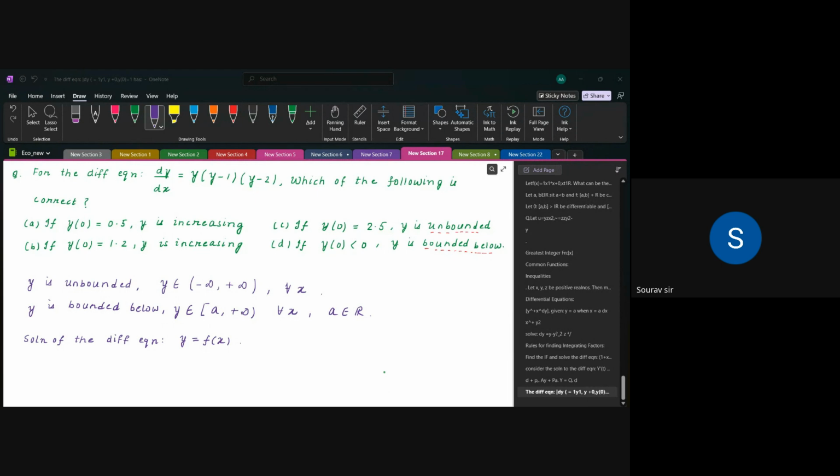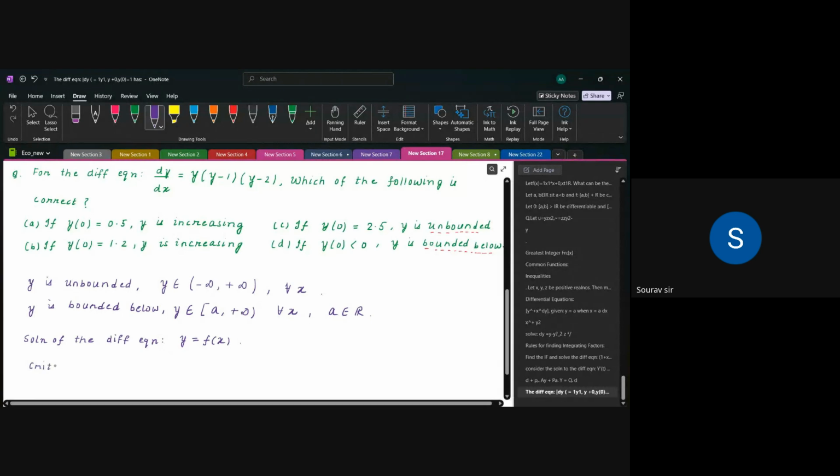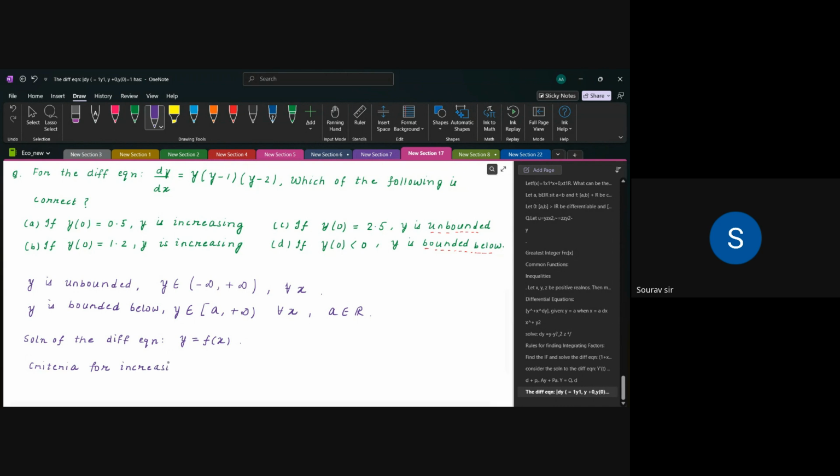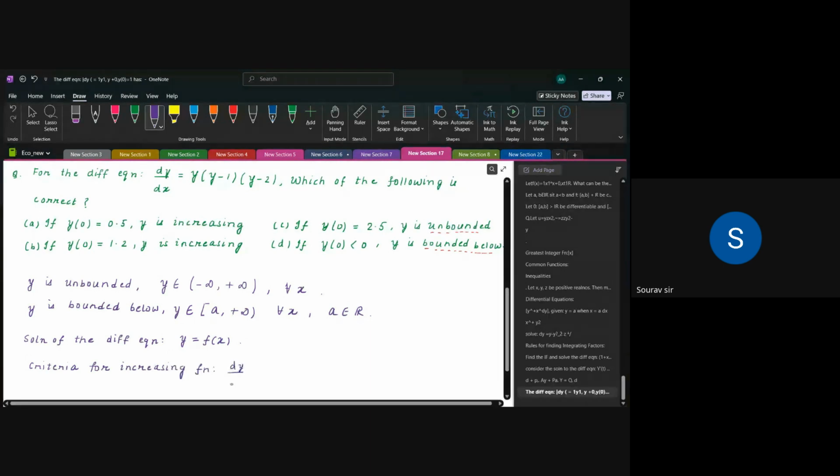Agreed? So that means if you remember, what is the criteria for increasing function? dy/dx must be positive, right? Agreed?